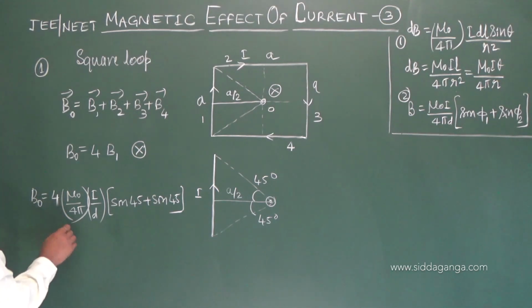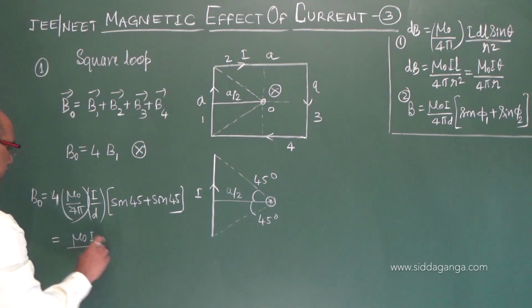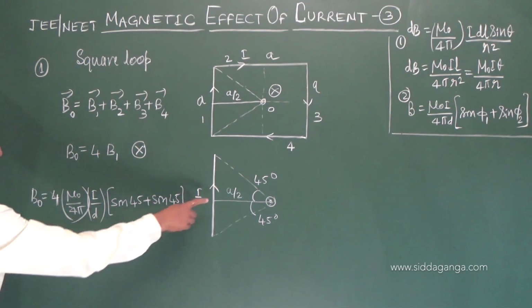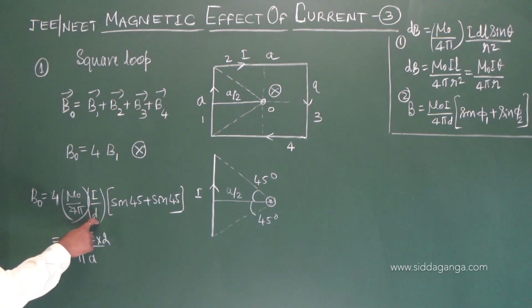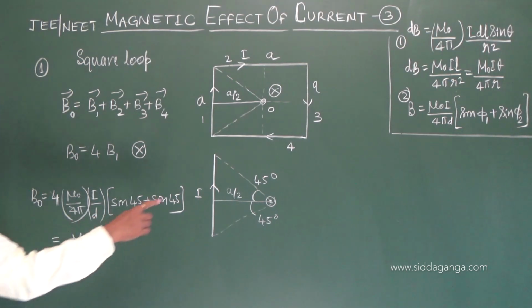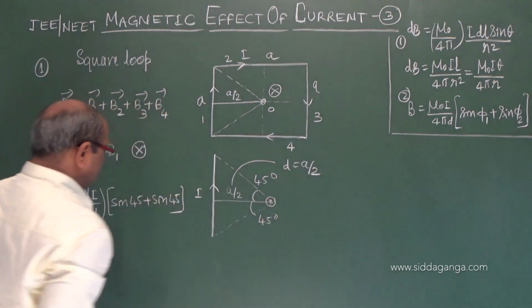So let the 4 get cancelled here, I just write mu naught I by pi. In place of d, I can write a by 2, I replace the d as d equal to a by 2 from that equation.